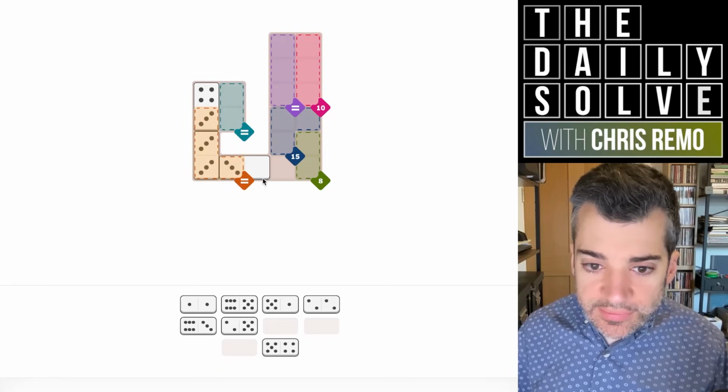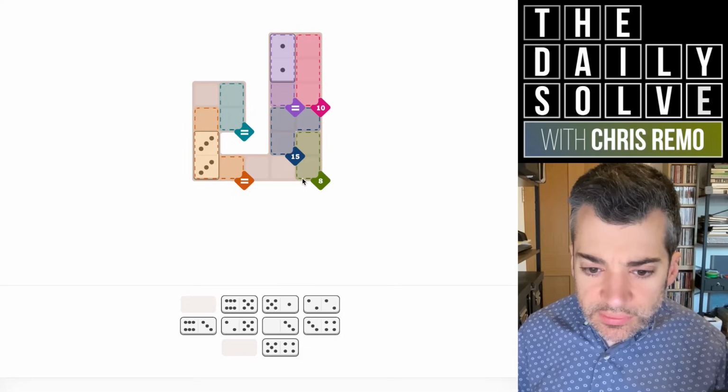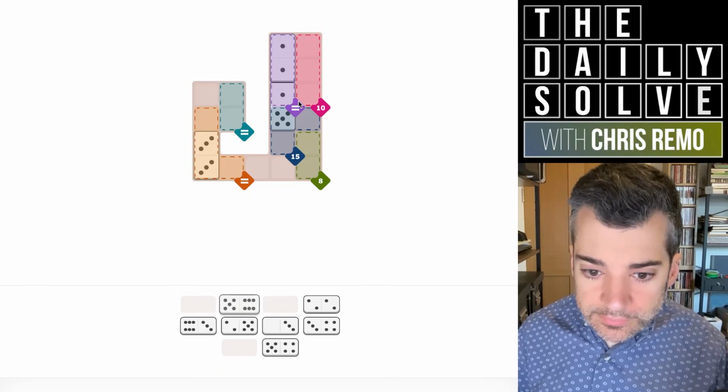I think it does need to be double 1 or double 2 up there. I just don't know how to figure out which. If it's 1s, then we need a 5 pointing somewhere, one way or the other.